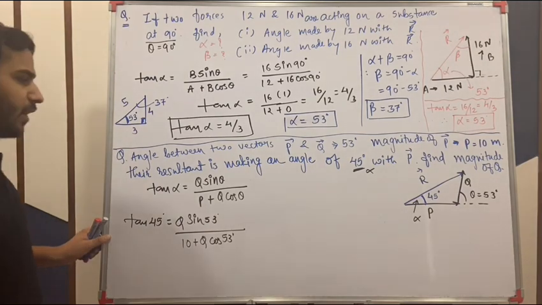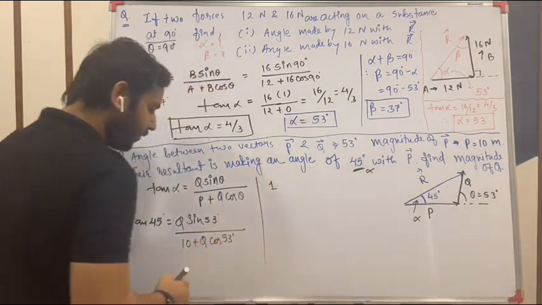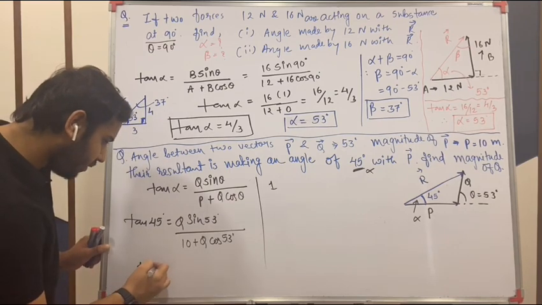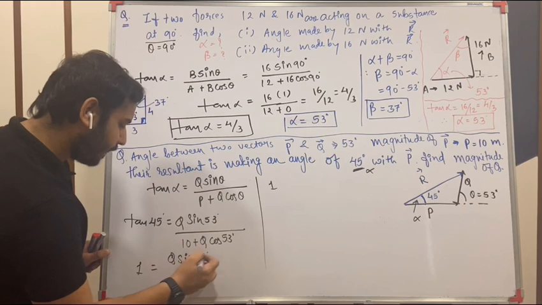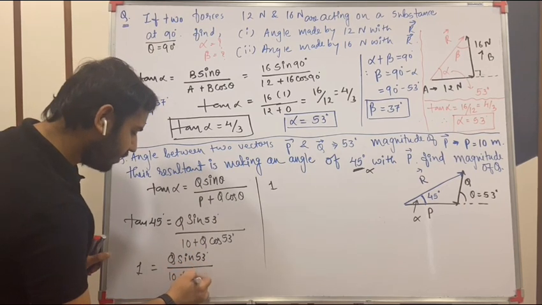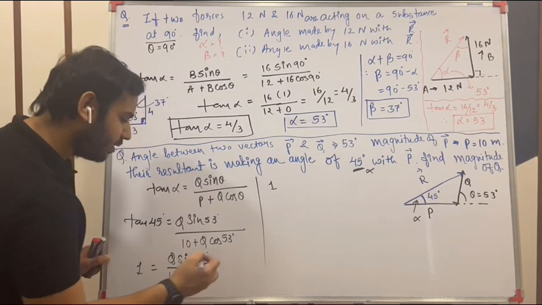Tan 45 is 1. You multiply this: 1 is equal to Q sin 53 upon 10 plus Q cos 53.